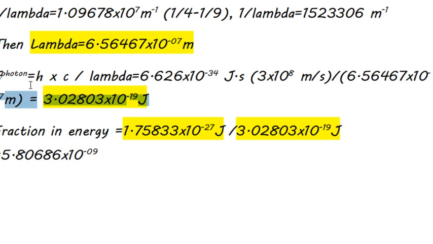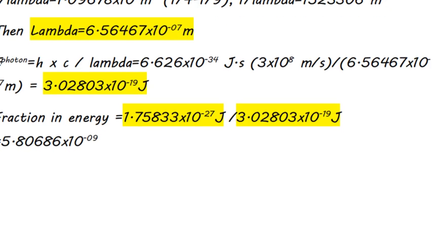So we can get the energy that will be stored or transferred from the electron to that photon. Then the fraction of the energy will be the uncertainty divided by this energy transferred to the photon. Then we get 5.8 10 to minus 9, the fraction of the energy.